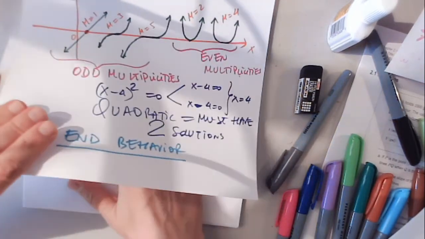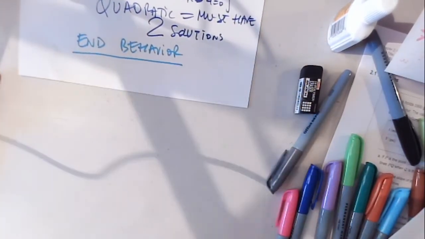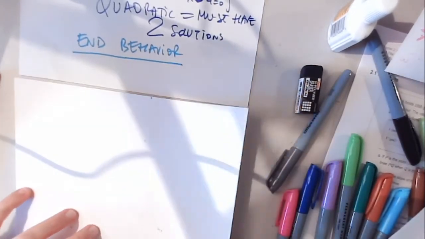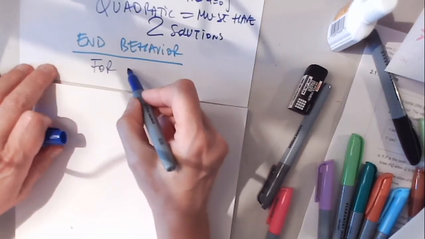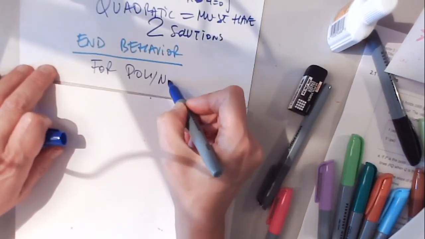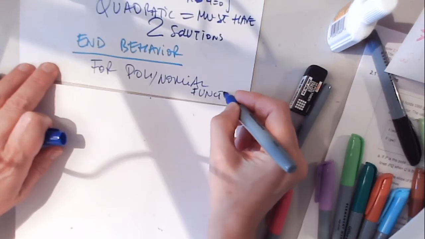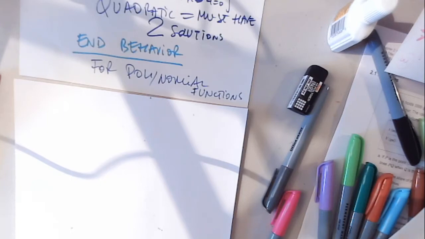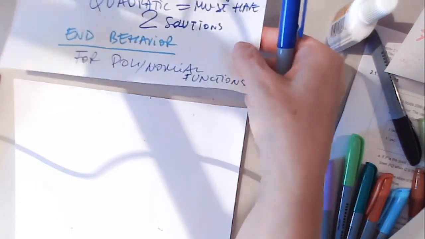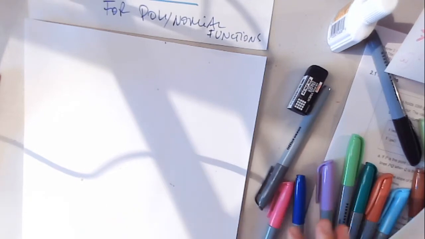Okay, the end behavior for polynomial functions. So let's review that quickly. For polynomial functions there are only two types: odd degree and even degree. Very simple.